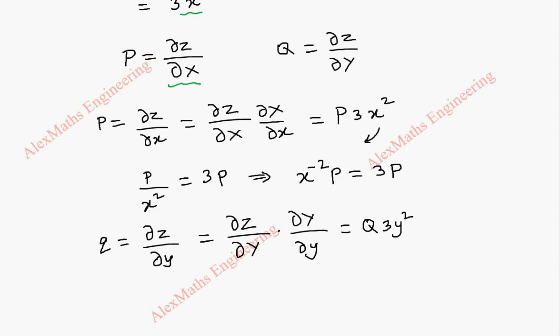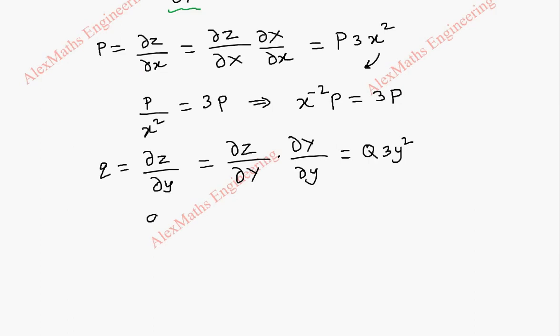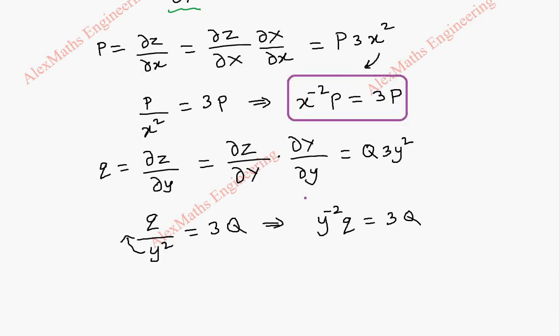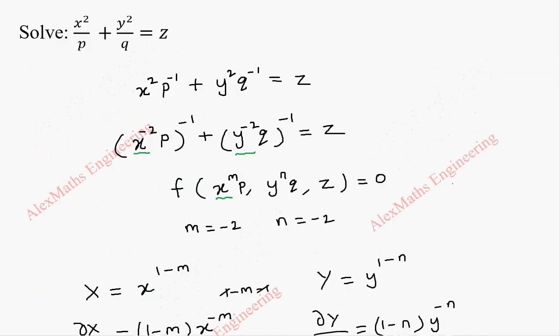In the same way, taking the y square to the denominator of q, so q by y square equal to 3 capital Q, and by taking this to the numerator, the power becomes negative. y power minus 2 into small q equal to 3 capital Q. So finally we got these two expressions, and we are going to substitute them in our equation 1.